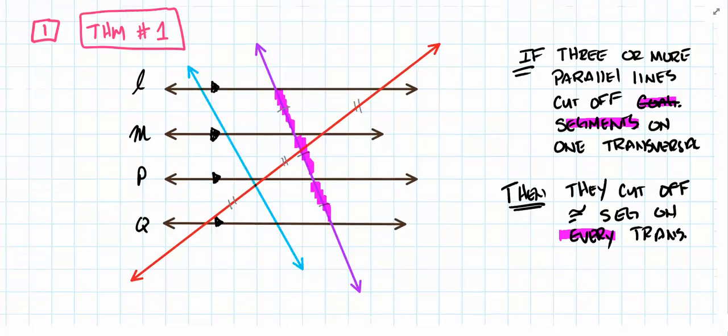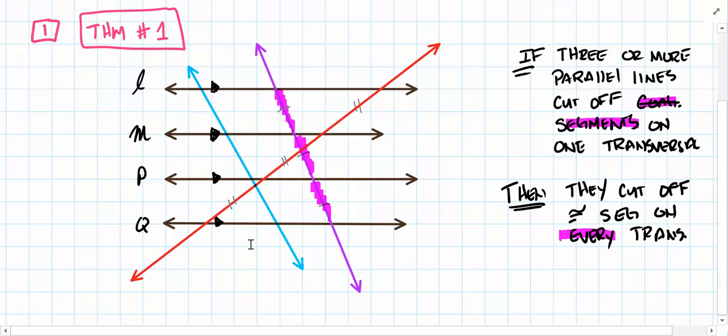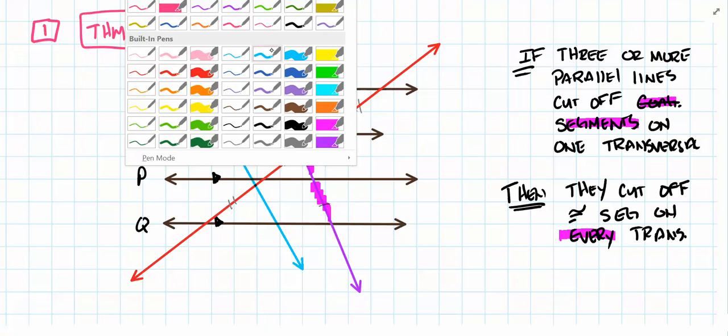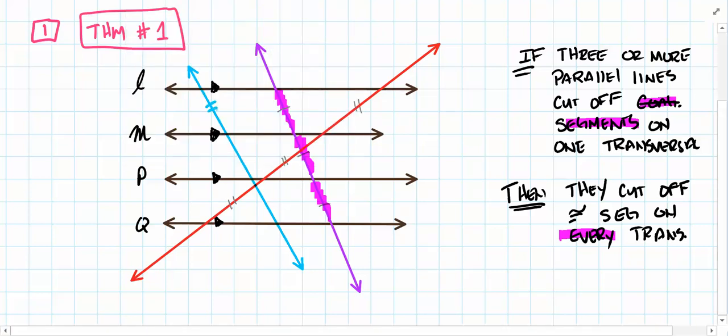See my new blue transversal. What does the theorem say? Those are all congruent segments. That segment is congruent to that segment is congruent to that segment. That's what the theorem is saying.